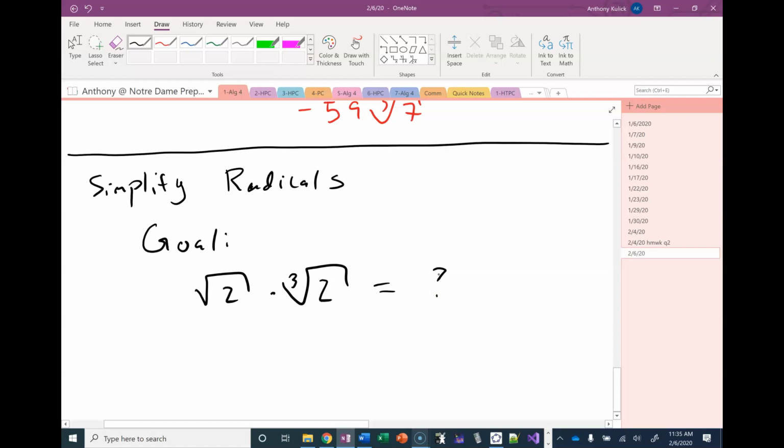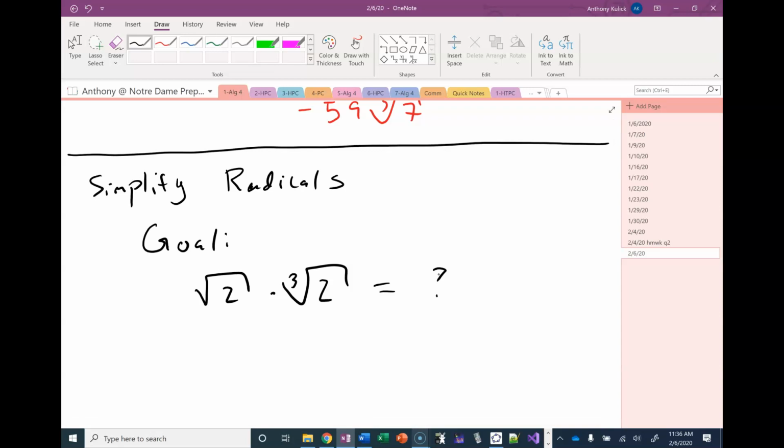So our goal is to figure out how to multiply things together that have different indices on the square roots. Or on the radicals, I shouldn't say the square roots. You guys knew what I meant though, right? That's our goal, is to figure out how to do this.